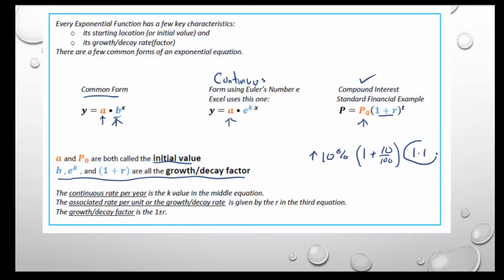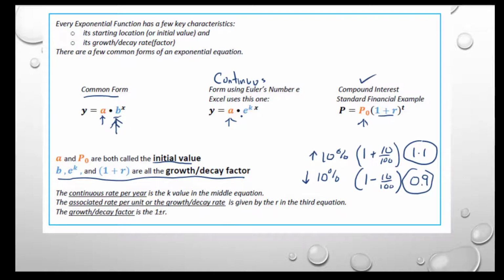That is B, if you're going to increase by 10%. If you're going to decrease by 10%, that would be 1 minus the rate, 10 over 100, and you would get the factor of 0.9. That would be B.